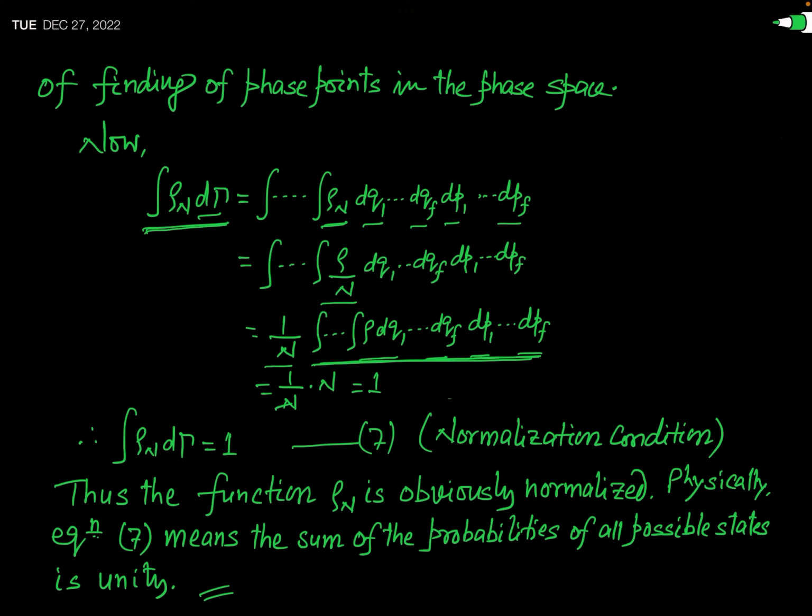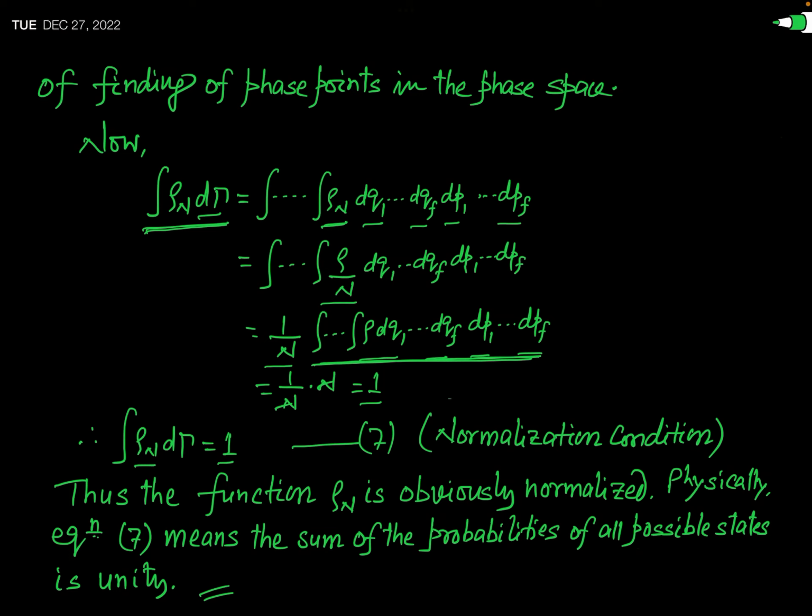So this N and this N will cancel out and the result is 1. So you can see that the integral of rho n over all the phase space is equal to 1. This is the normalization condition, and that's why we simply say that rho n is the normalized distribution function.